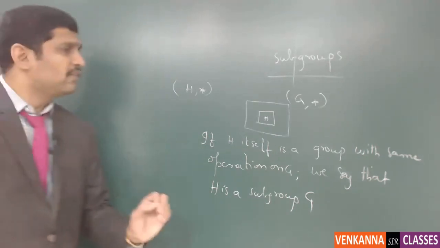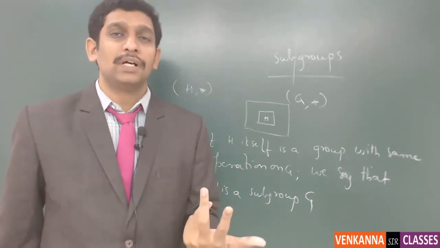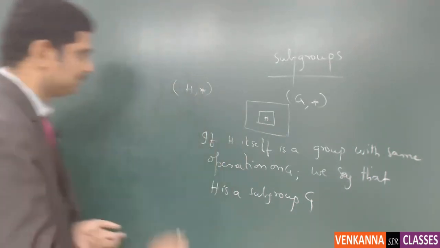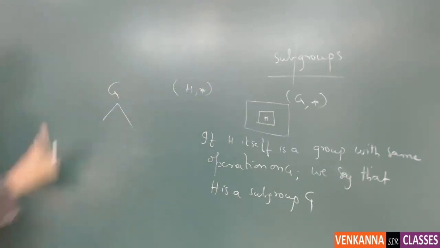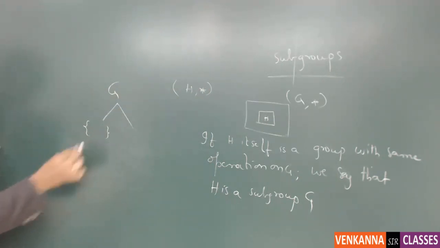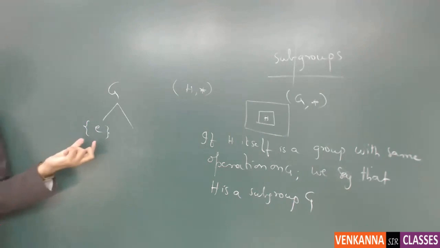Now, whenever you consider a group, for every group, there will be two subgroups. One is the set having only one element, identity. It satisfies all the properties.